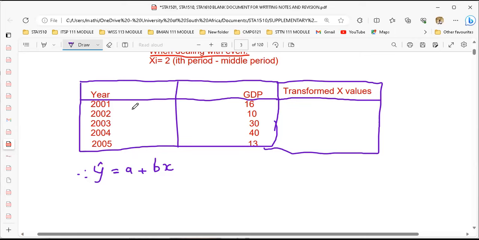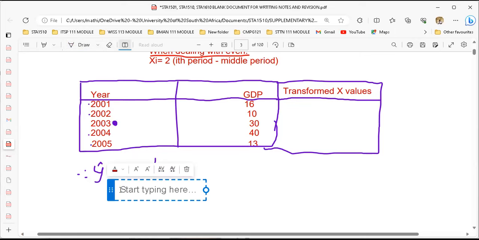But before that, we need to find the middle period. We start 2001, 2005, and then 2002, 2004. Meaning my middle period here is 2003. I'm going to write it down here: my middle period is equal to 2003.